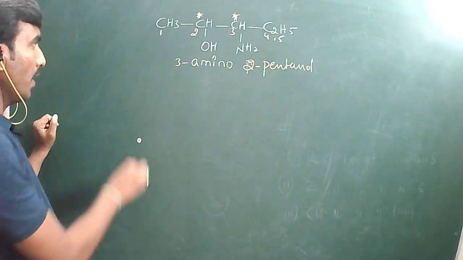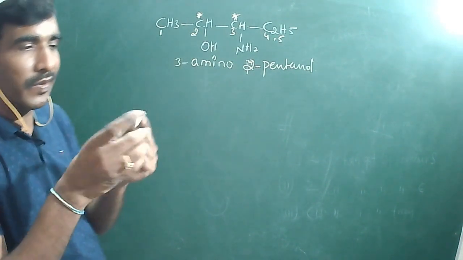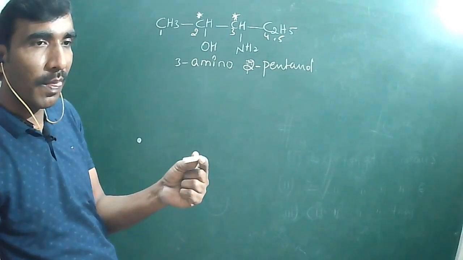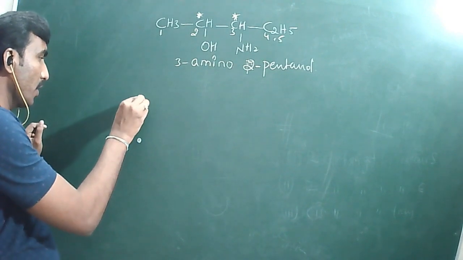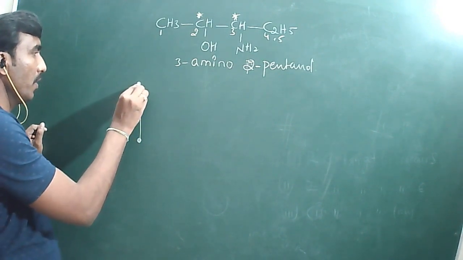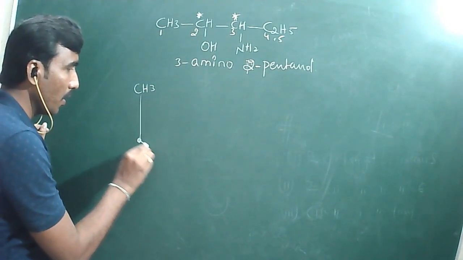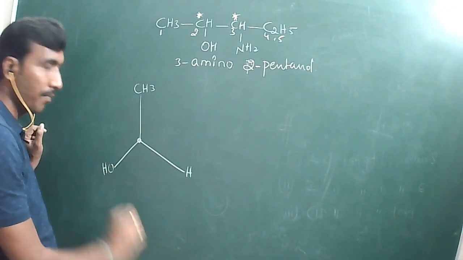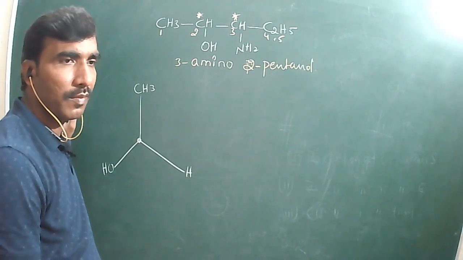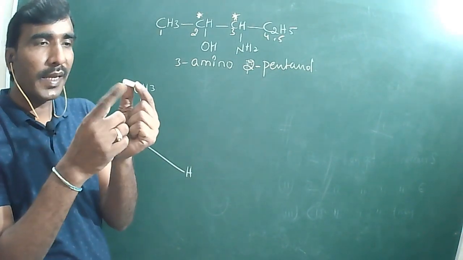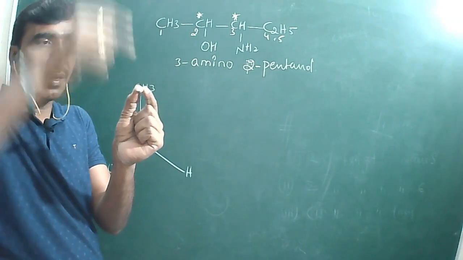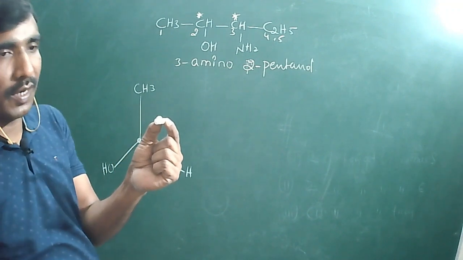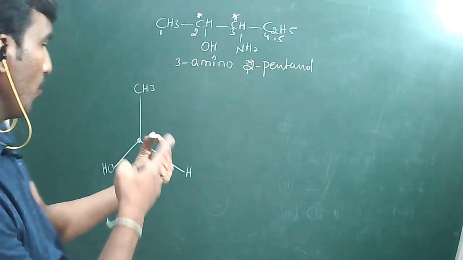And this second carbon atom is attached with one methyl, one OH, one hydrogen. So I am writing it is attached with one methyl, one hydrogen and one OH. Understood? OH this side, H this side.